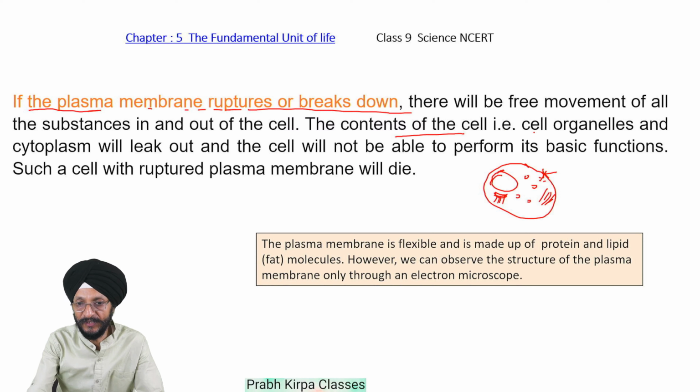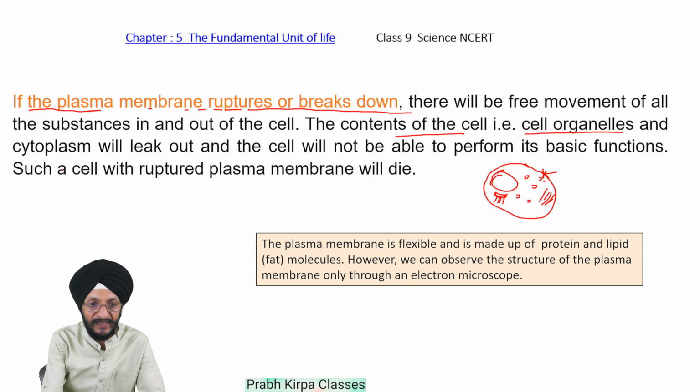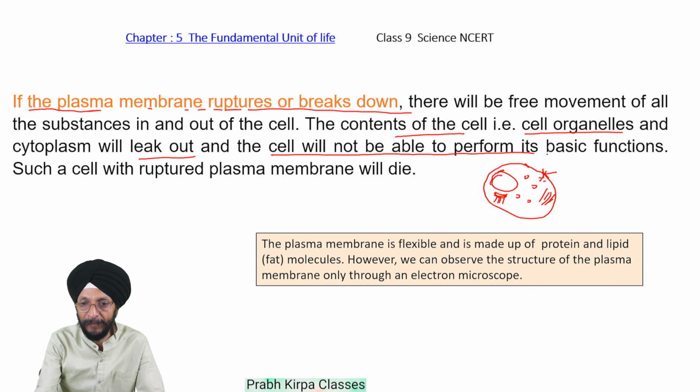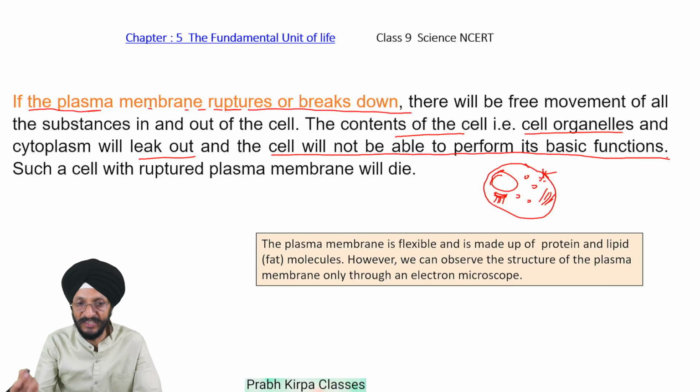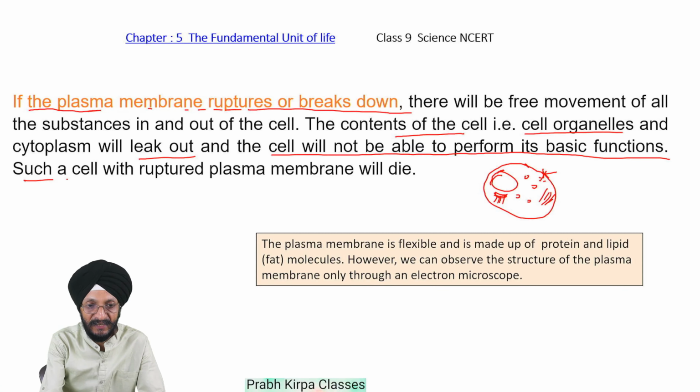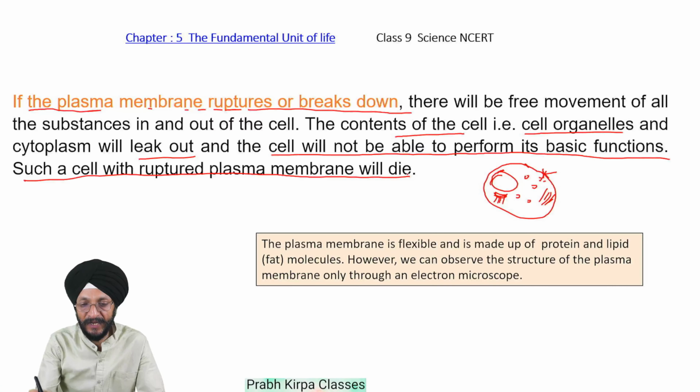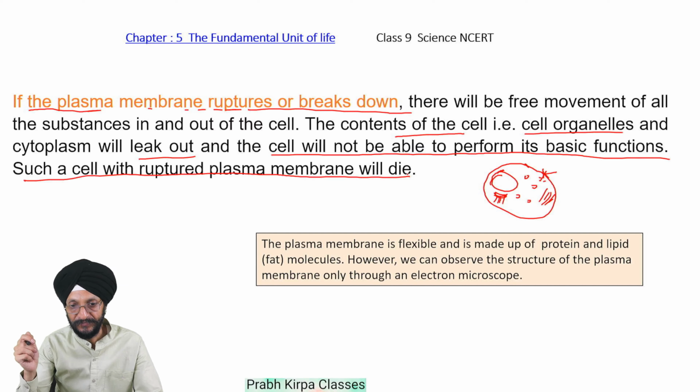The contents of the cell, that is the cell organelles, whether it is nucleus, mitochondria, Golgi apparatus, vacuoles, and the cytoplasm will leak out and the cell will not be able to perform its basic functions. Such a cell with ruptured plasma membrane will die.